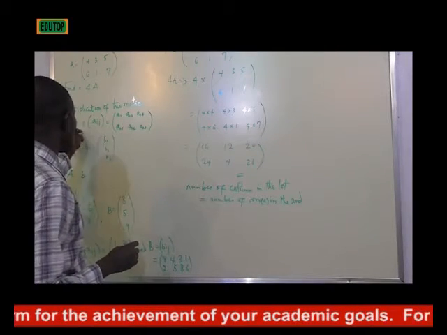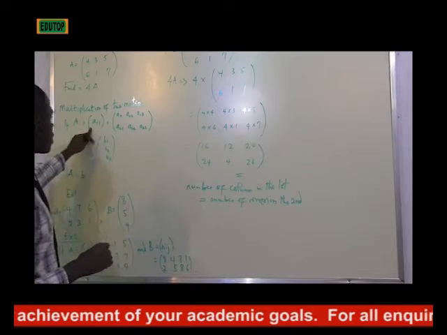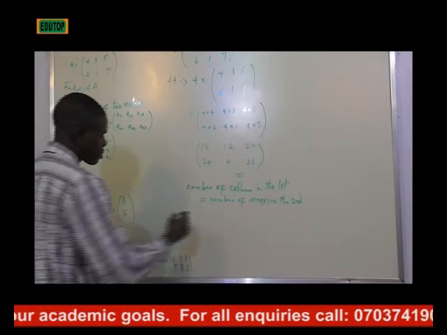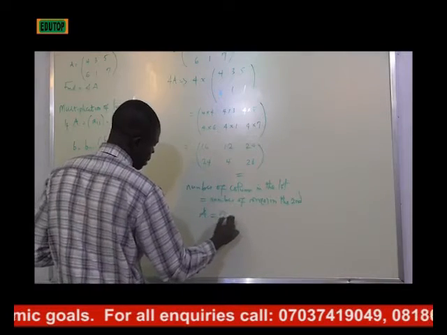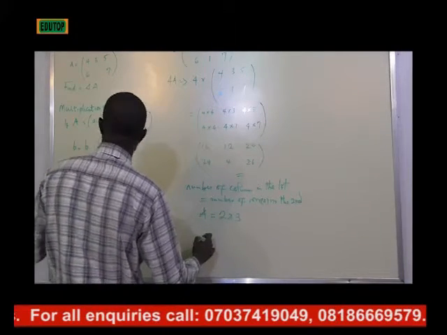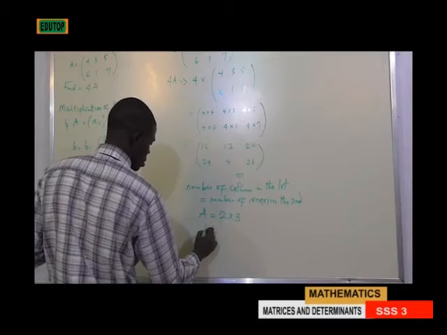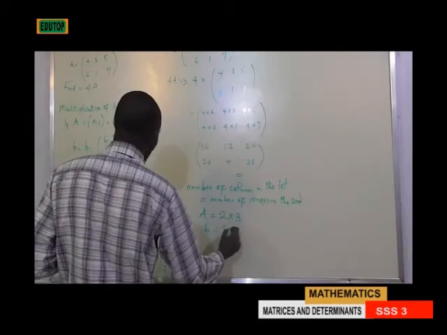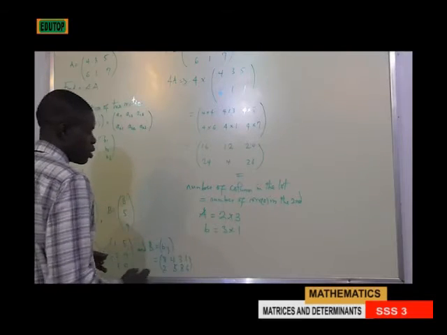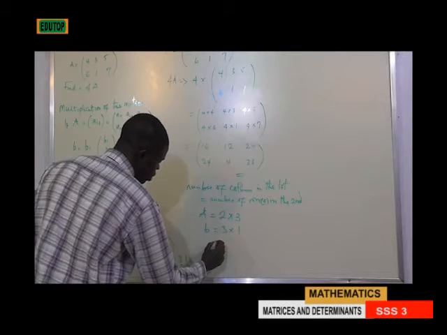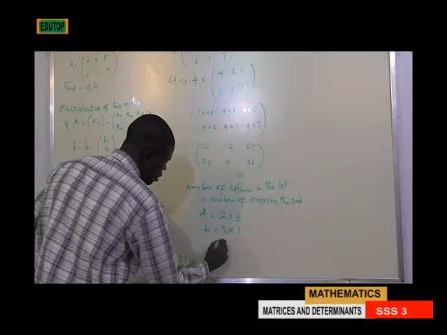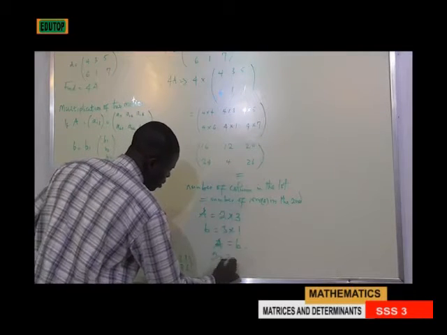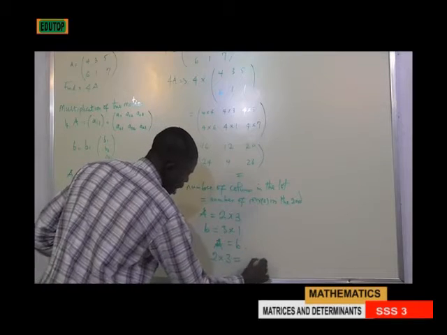So in so doing, let's see this example to justify whether the multiplication of these two matrices will be feasible. Here we have A, and if you look at this A, we discover that A is a 2 by 3 matrix. Then our B is a 3 by 1 matrix. So if you equate them, we'll have 2 by 3 and 3 by 1.